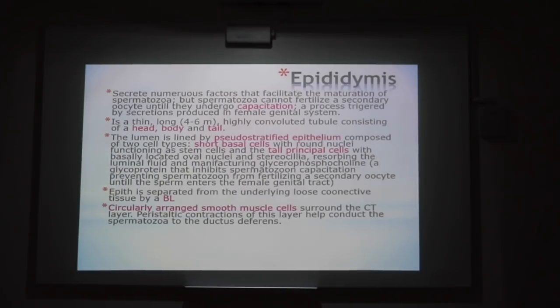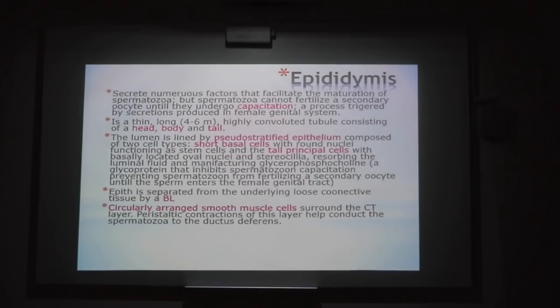One is the maturation of the sperm, which goes through a process of decapacitation, and the sperm also acquire motility. So there are two things that happen within the epididymis: decapacitation and acquiring motility.